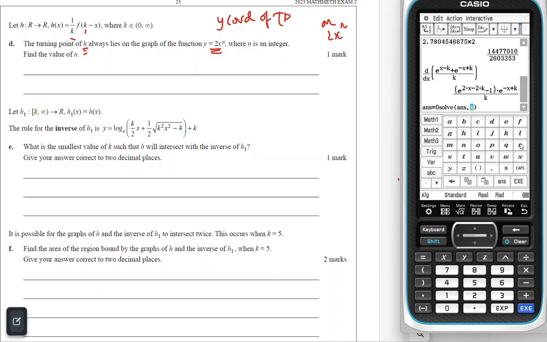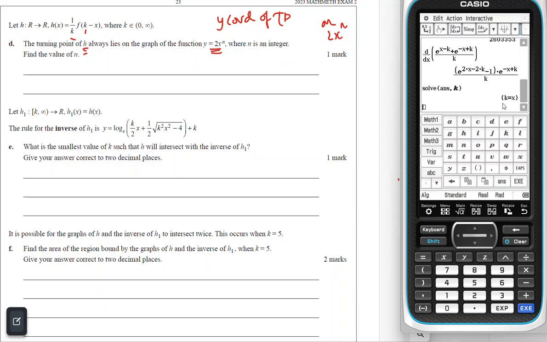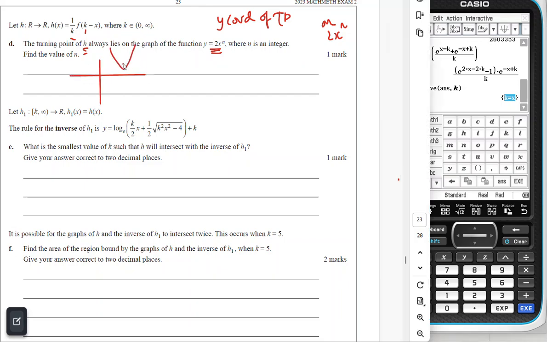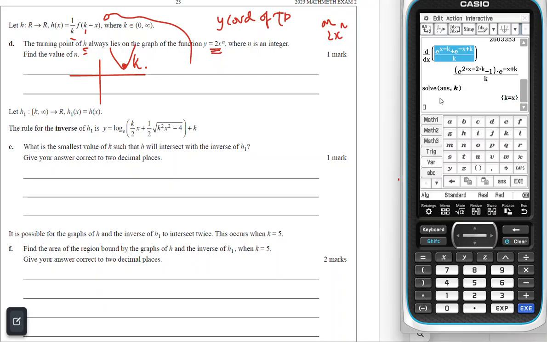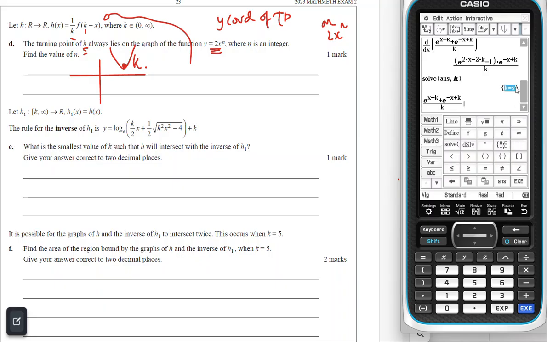for k, and get rid of that at the front, I get x equals k. So that's correct. So the turning point will be at k. If I sub k back into here to find out the y value, so I take this and let's make x equal k.